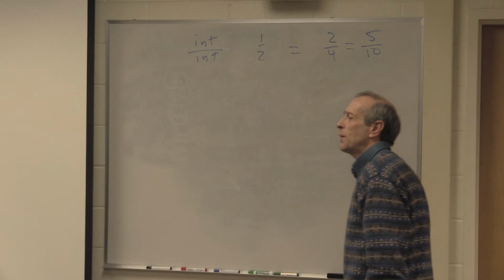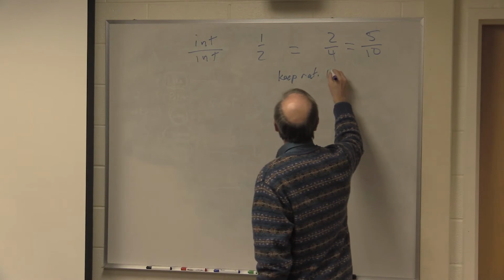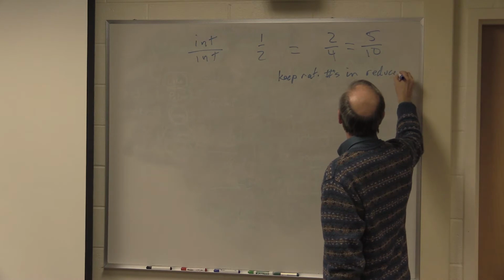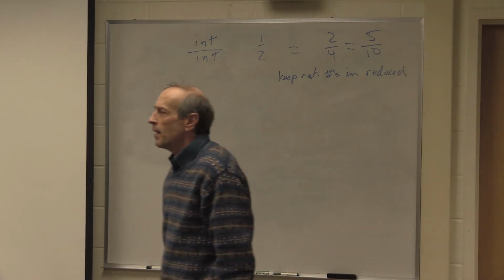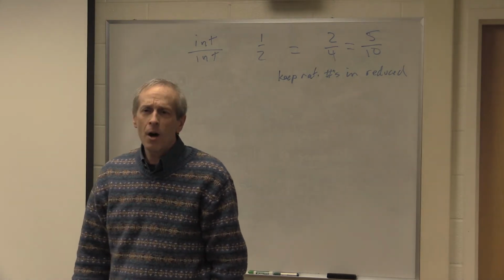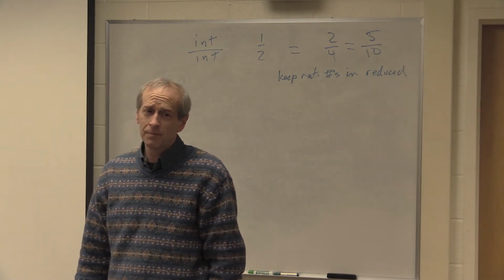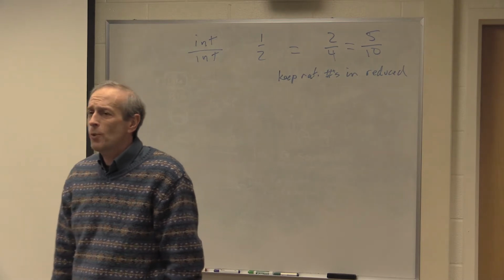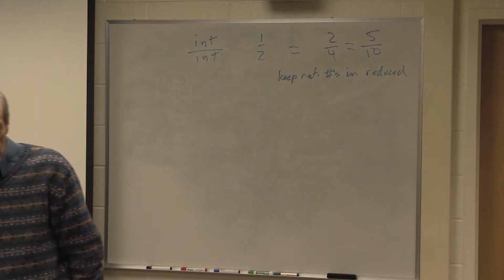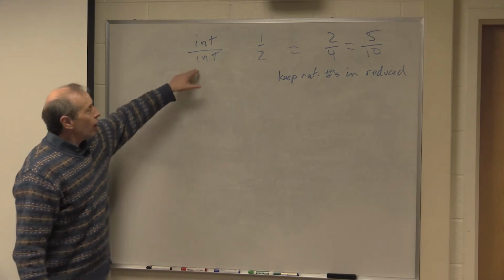And so one of the things we will want to do is keep rational numbers in reduced form. Right? So the rational number set is a non-unique number system. Right? There's an infinite number of ways to represent 1/2. Okay? So an infinite number of ways to represent the number 1. 1/1, 2/2, 3/3, million/million. Okay?